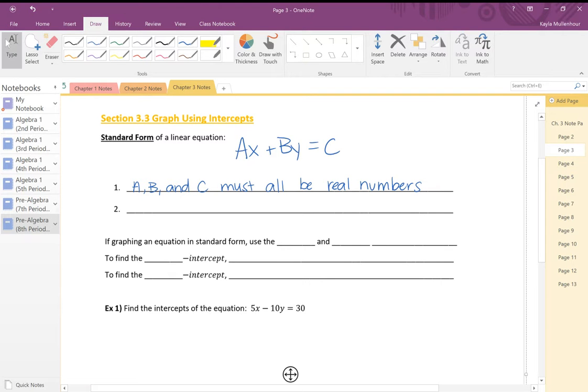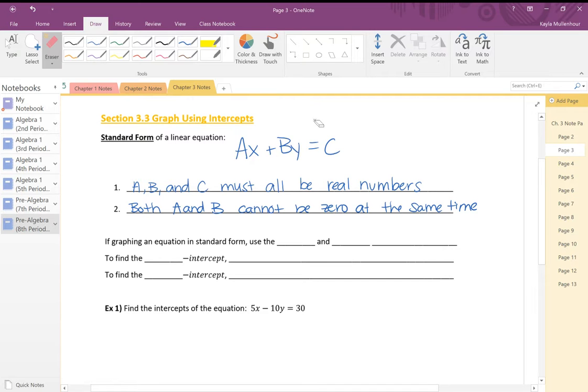Number 2, both a and b cannot be 0 at the same time. If they were, you would have 0 times x, which just gives you 0, 0 times y, which just gives you 0, and then you would have 0 equals maybe some number like 5.